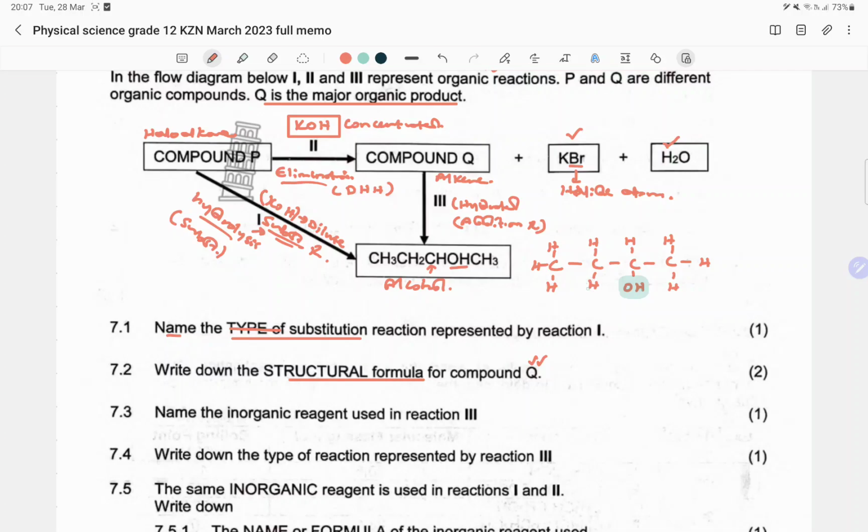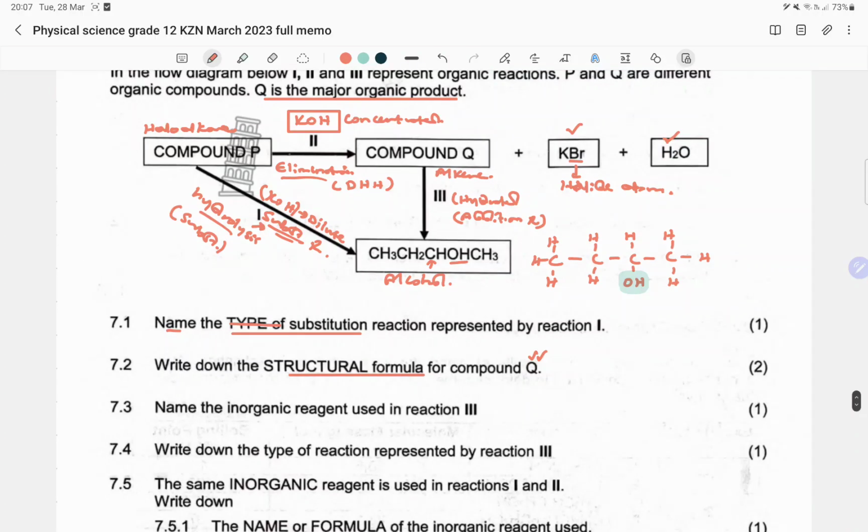It remains what it is. So this is what replaces the halogen. So now this tells us that we've got our compound P as 1, 2, 3. So here there was a bromine. How many? 1, 2, 3, 4. So this was the story here, of course, with hydrogens there.